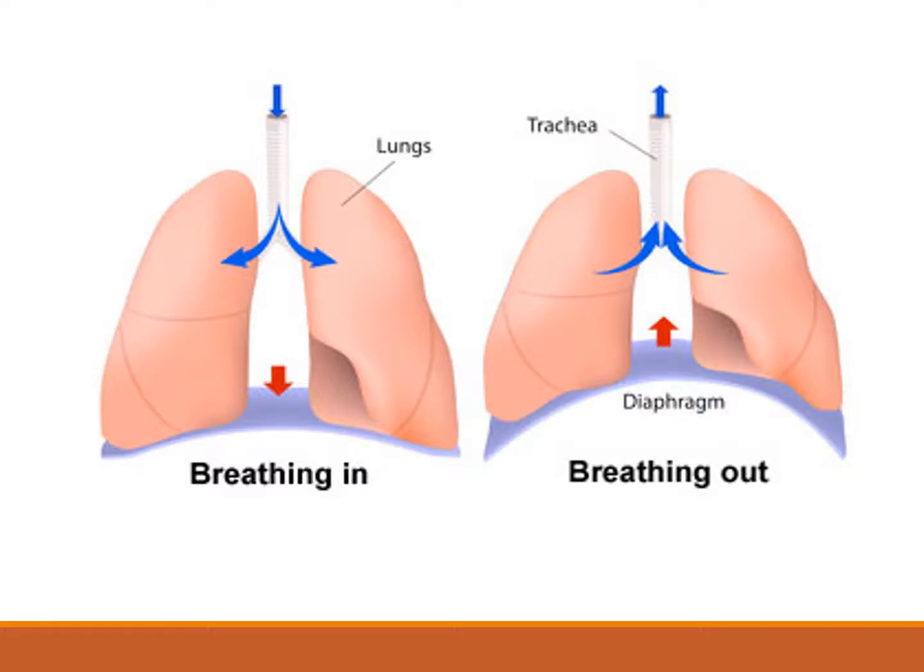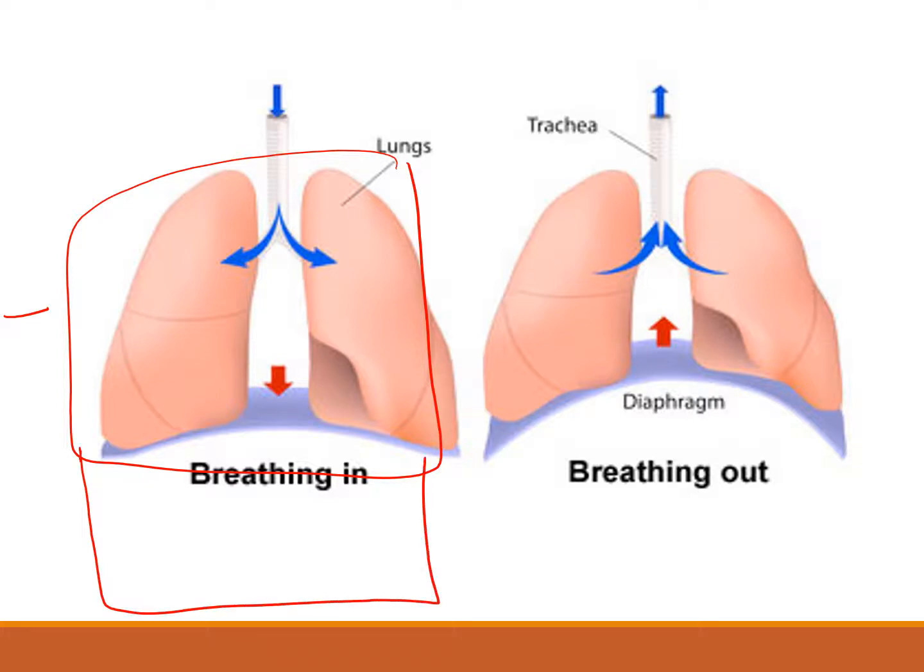So let's review again. In our first slide, we have the diaphragm moving down because we're breathing in. As that diaphragm leaves the thoracic cavity, it creates more room, therefore decreasing the pressure. It moves into the abdominal cavity, which causes more pressure.